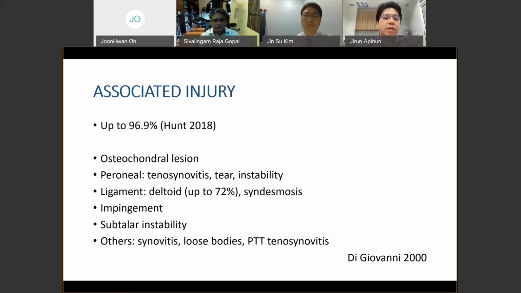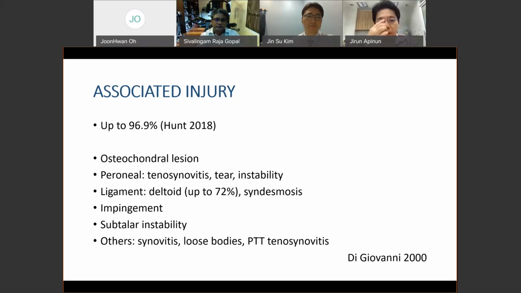Combined ligament injuries occur in up to 72%, including deltoid ligament injuries, and syndesmotic injury must not be overlooked. Impingement, either bony or soft tissue, subtalar instability, synovitis, loose bodies, or tenosynovitis of the posterior tibial tendon can also be detected in the chronic unstable ankle.